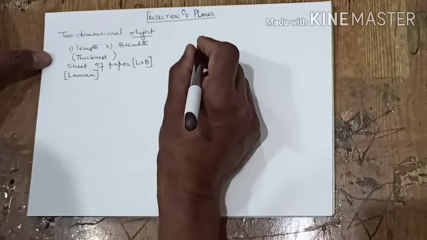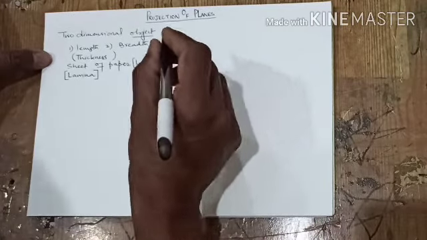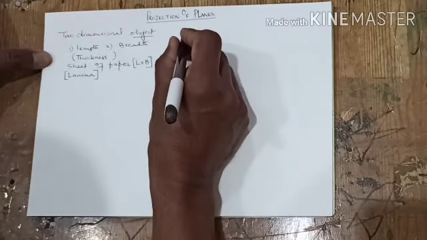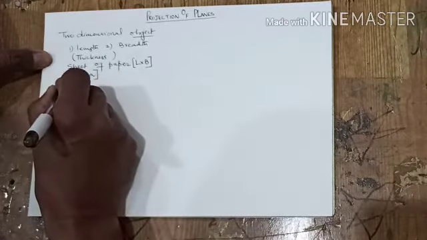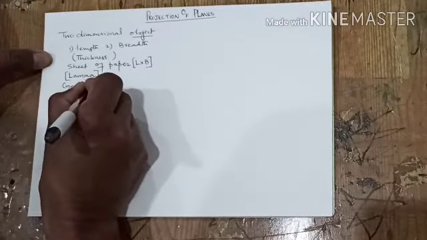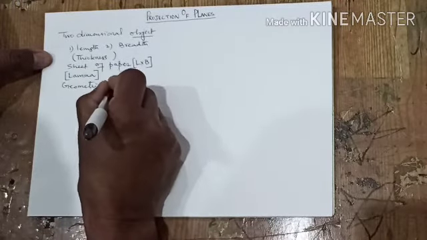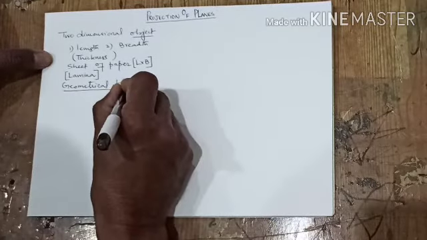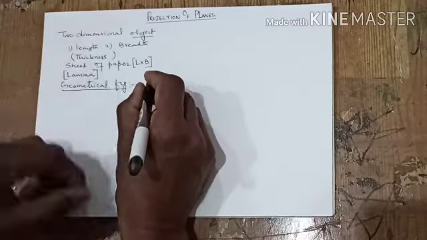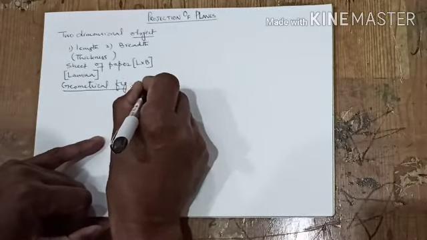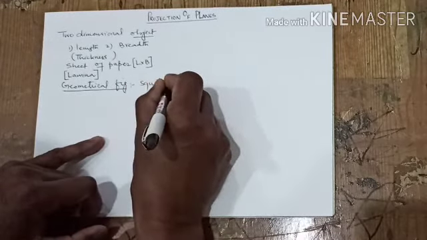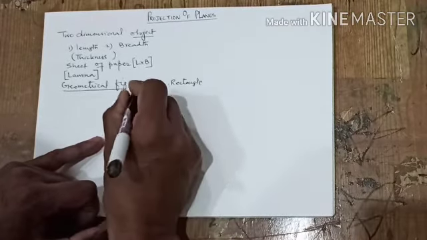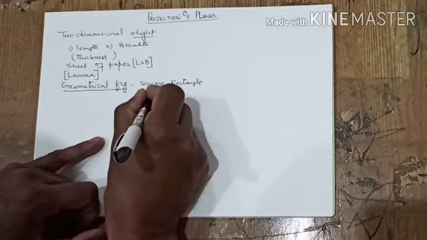When we talk about planes, we talk about the various geometrical figures which we have to draw in the case of projection of planes. Those figures are square, rectangle, polygons.